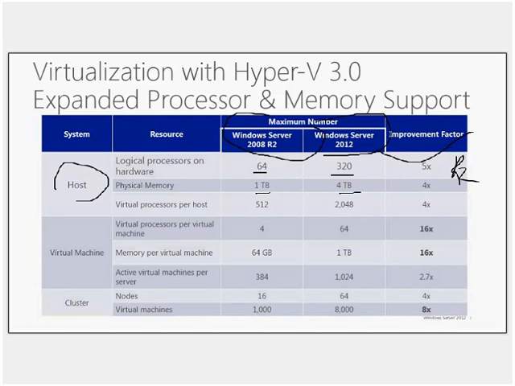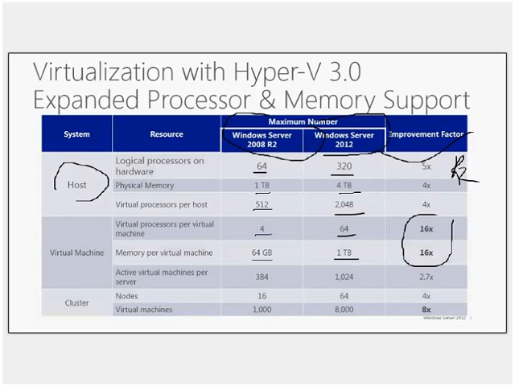Then the meat and potatoes, this 16 times improvement here: virtual processors per virtual machine went from 4 to 64 with Hyper-V 3.0. We also see virtual processors per host at 512, and we went all the way up to 2048. Big improvement there. Virtual machine memory goes from 64 gigs to 1 terabyte in size.